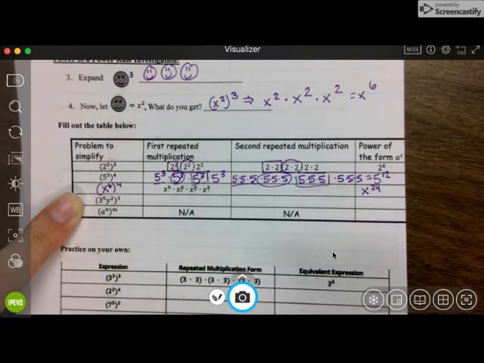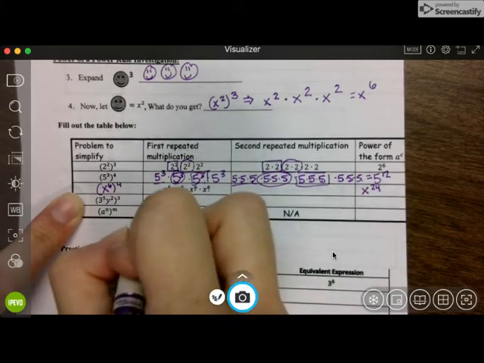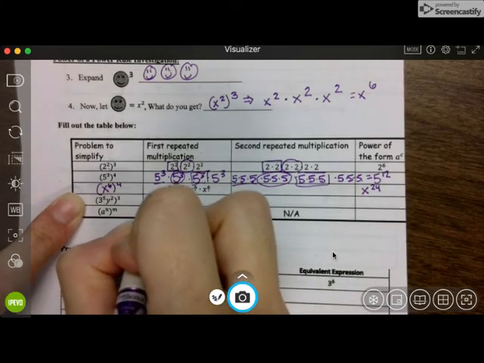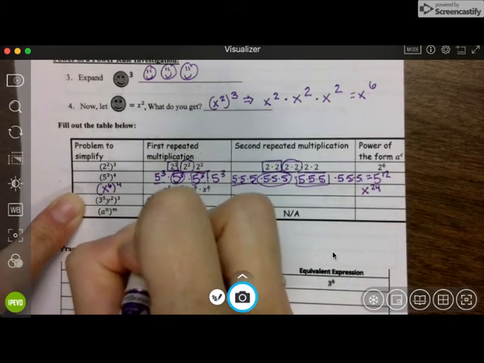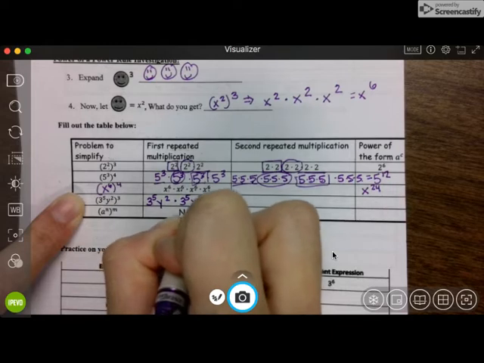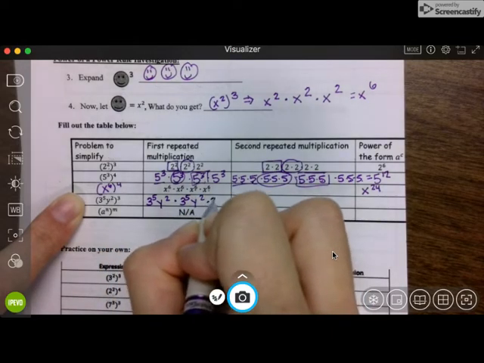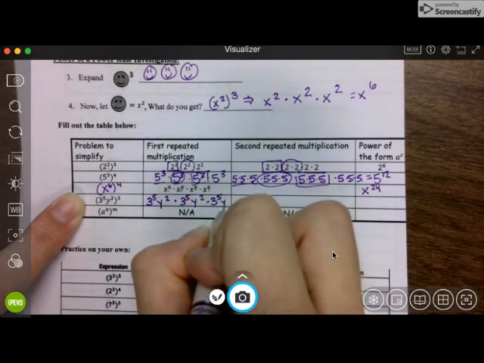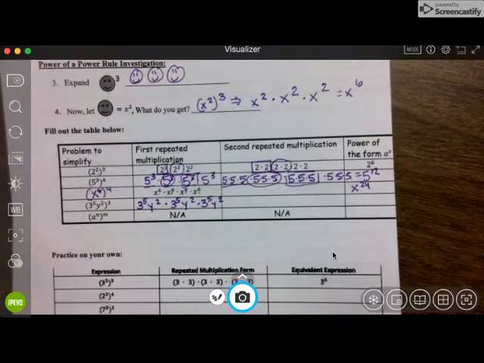This one's a little bit harder. I'm going to write this one out. So 3 to the 5th, y to the 2nd, times 3 to the 5th, y to the 2nd, times 3 to the 5th, y to the 2nd. Okay? For the repeated multiplication, I'm going to split this up and put the y's together and the 3's together.